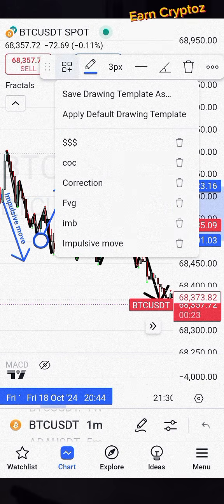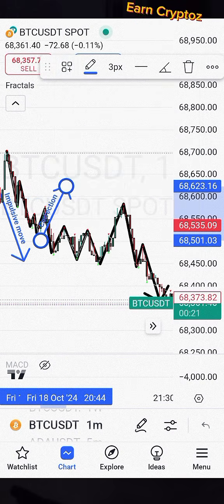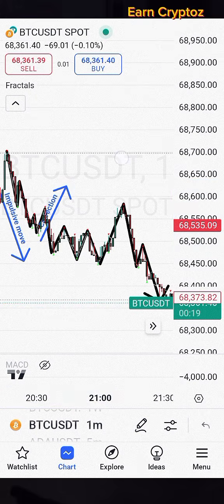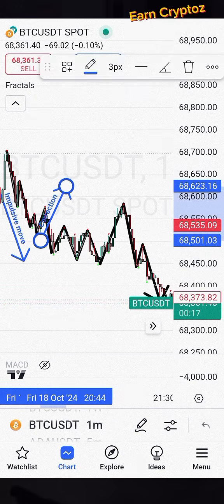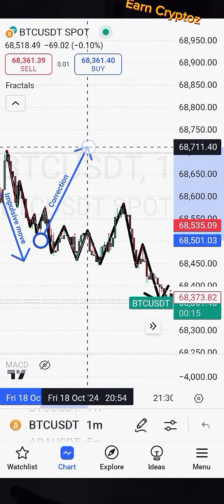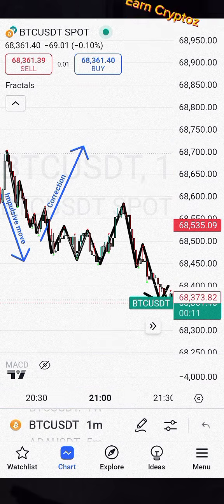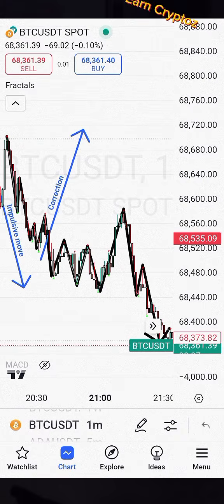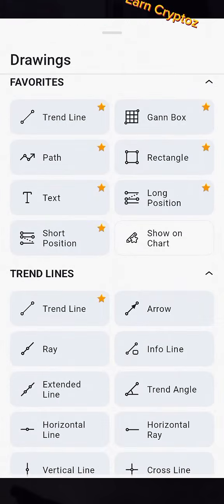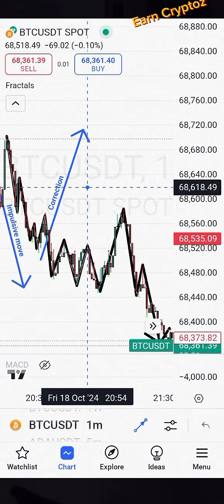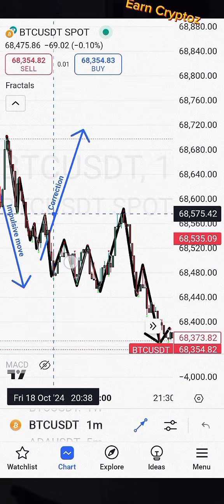So it took out the inducement. So that move is called correction. Remember, we said the correction could be a single move and it could be an impulsive move. So in this case now, the correction is a single move.